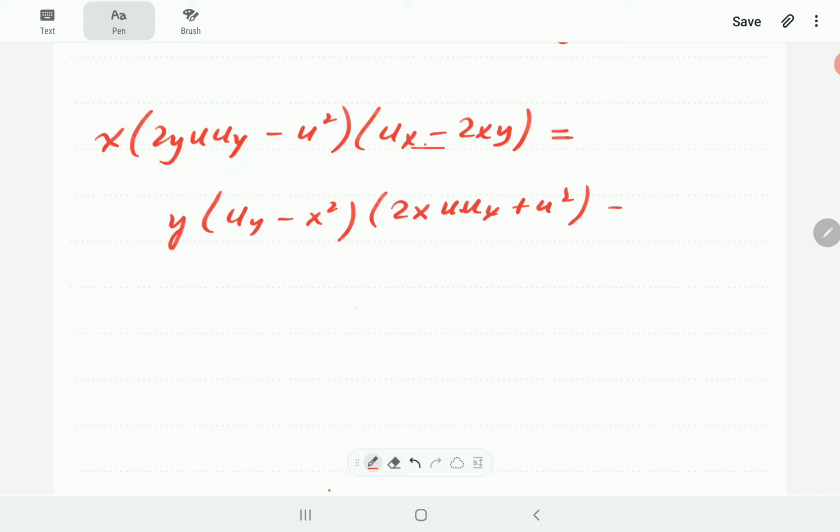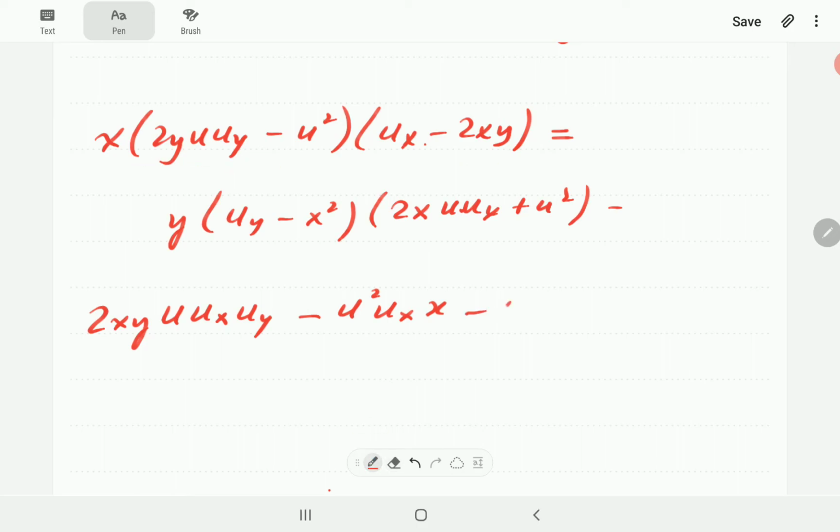So that means this term and this term, we are going to have 2xy u ux uy minus, then we are going to multiply these two terms here. So it's going to be u squared ux times x. Okay, and then we are going to multiply this first term with the last term.